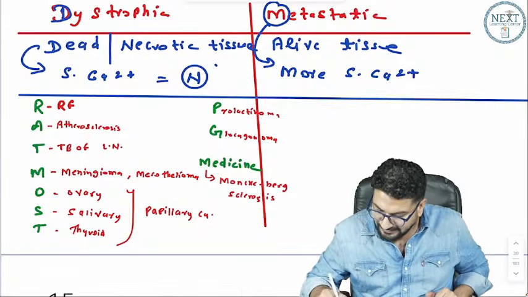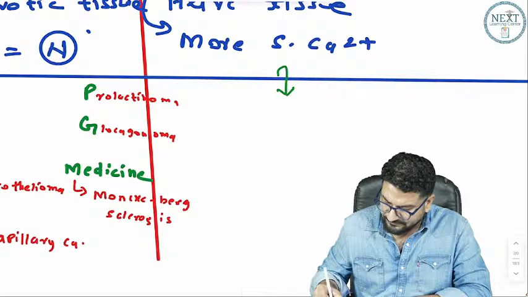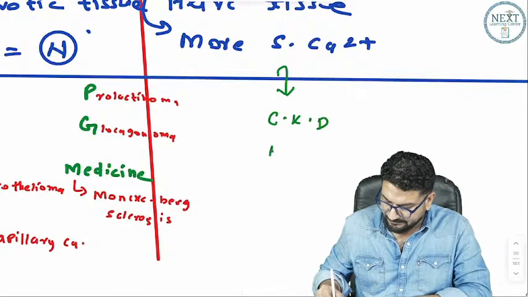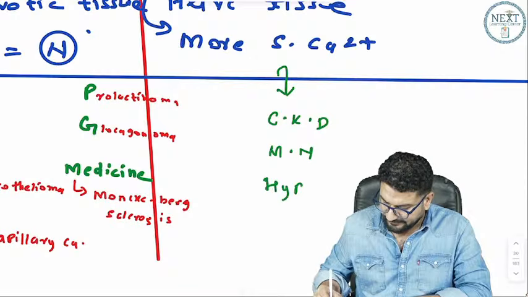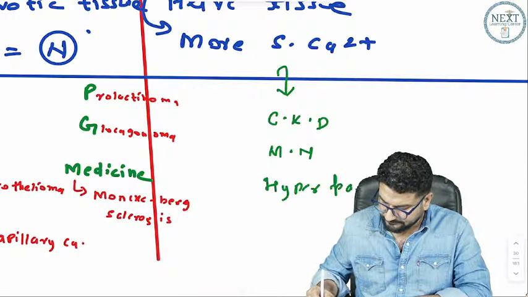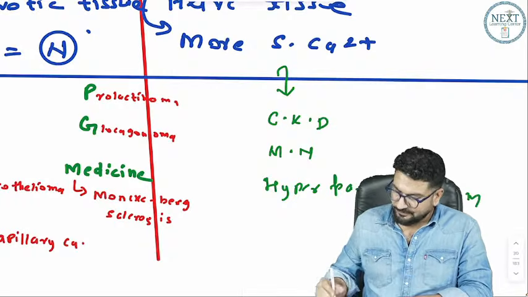Now understand this thing. Metastatic calcification, where will you find it? You will find it in those conditions which are leading or ending into CKD, like multiple myeloma, hyperparathyroidism, sarcoidosis.